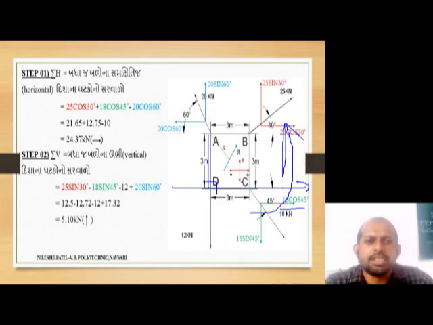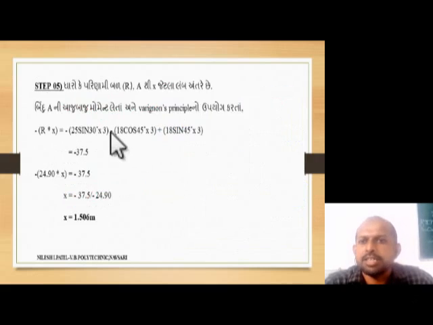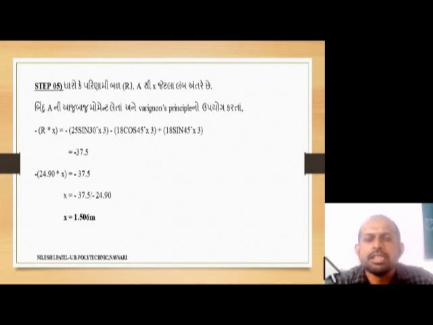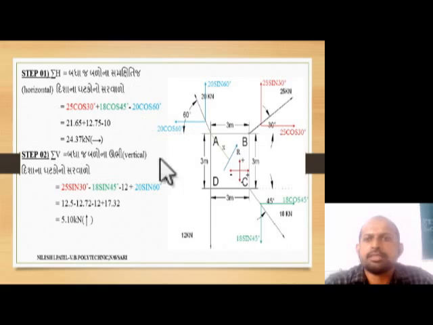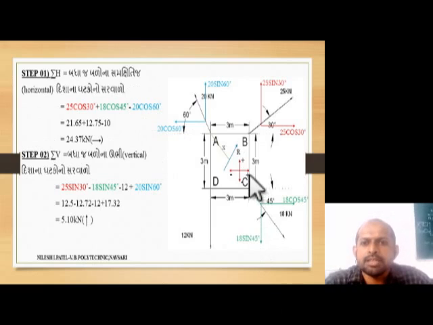So it is taken as a negative. So minus 18 cos 45 into 3. This one is the moment of component 18 cos 45 degree. And the third component is 18 sin 45 degree. So 18 sin 45 degree is vertical.